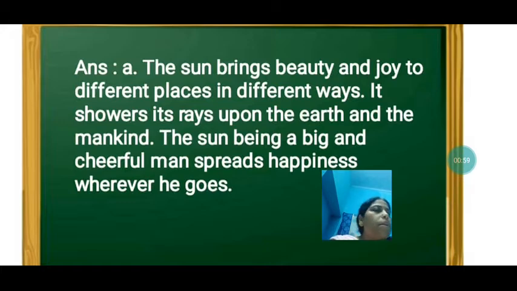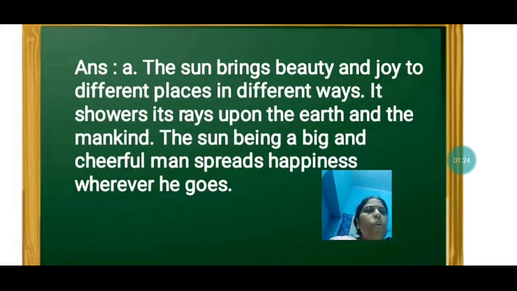It brings beauty. That means each and every place becomes beautiful due to the sunlight, and everyone becomes joyful also. It showers its rays upon the earth and the mankind. What happens when the sun rays fall on the earth?